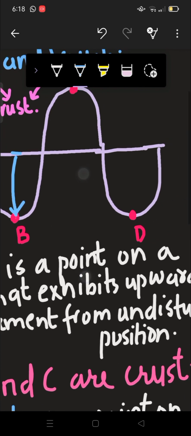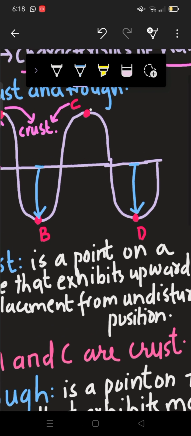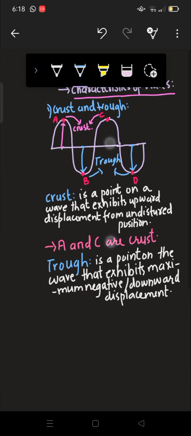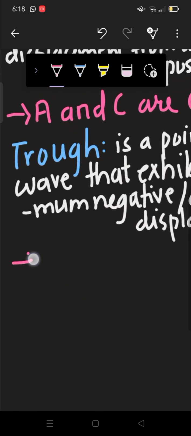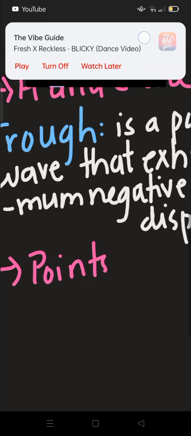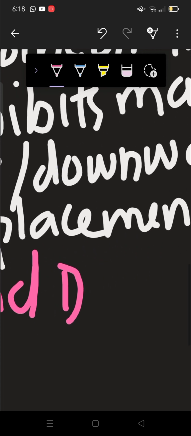It is covering downward displacement, or we can say maximum negative. So these points are known as troughs. Here I can write the points known as troughs: point B as well as point D are the troughs.